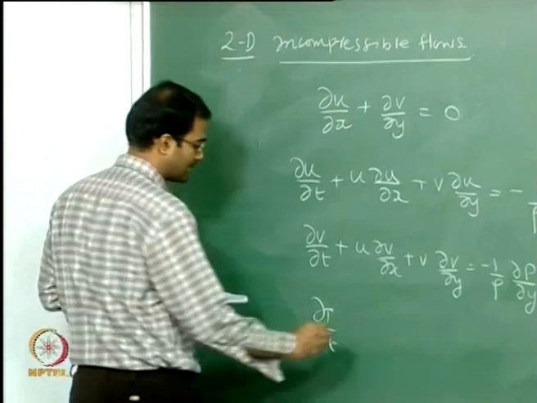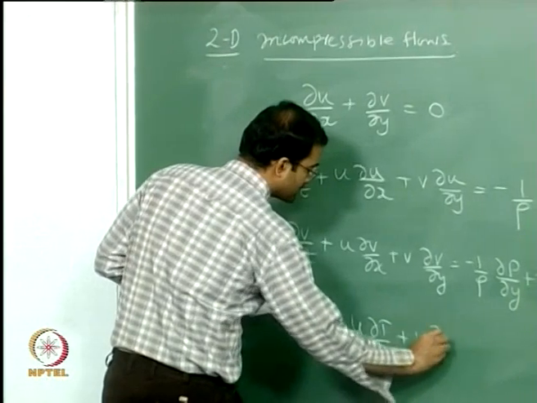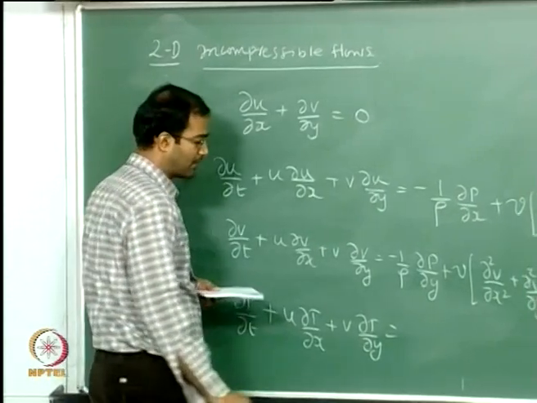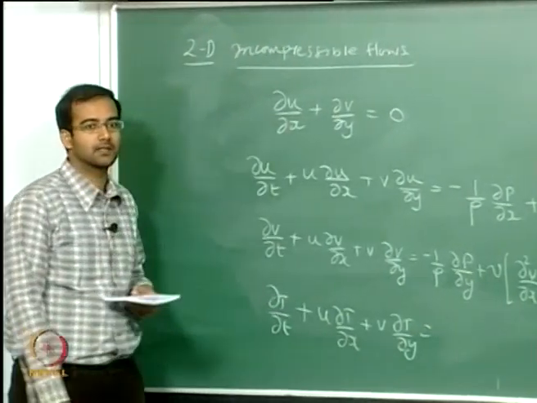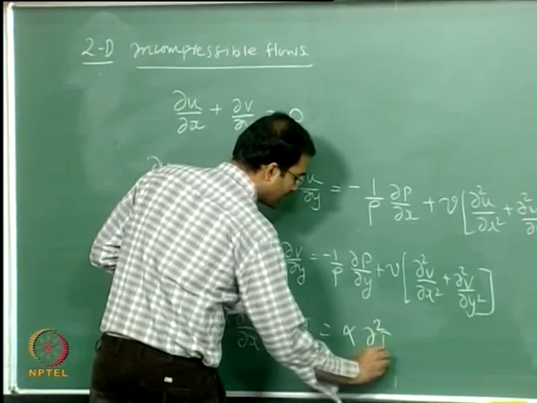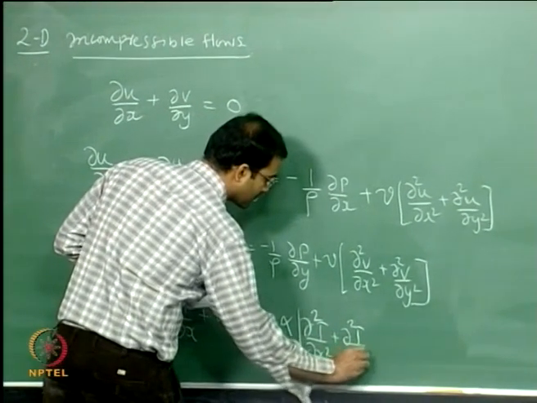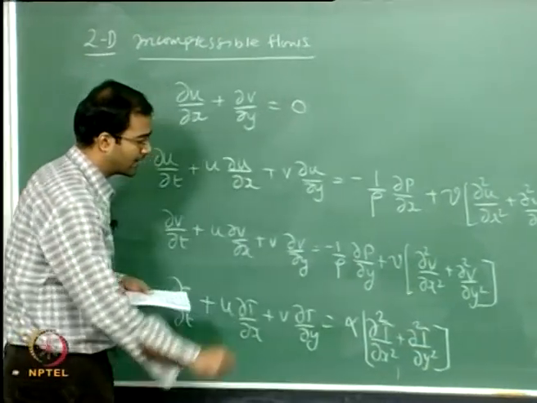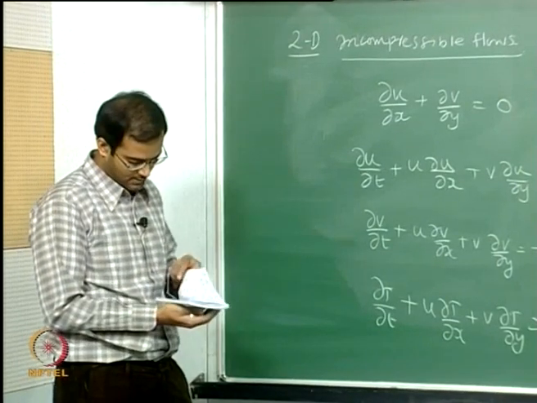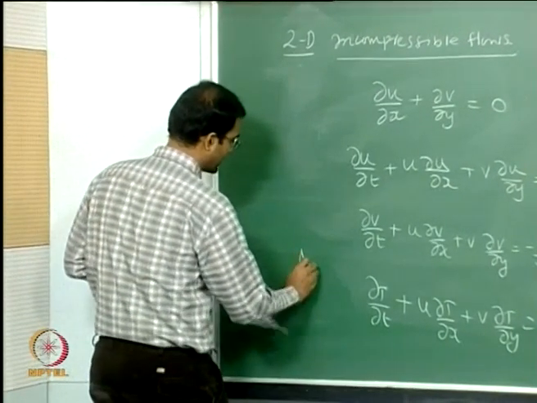Plus the convective terms is equal to alpha, because that is k by rho Cp, which is nothing but the thermal diffusivity, the thermal diffusivity alpha, plus the diffusion terms. Now I am going to neglect the viscous dissipation. I don't want to put too many terms into this, so I can safely neglect the viscous dissipation.